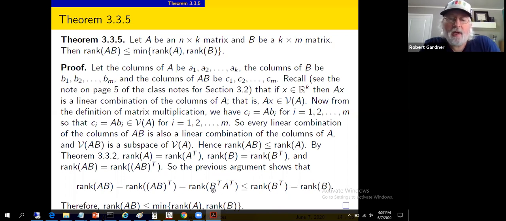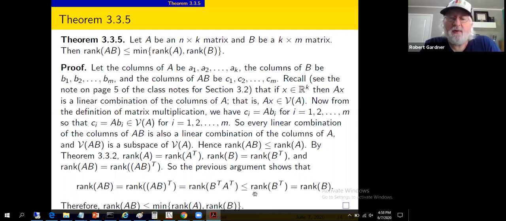Okay, we got a product here, regardless of whether it's A or B or A transpose or B transpose. We got a product of two matrices. Whenever we have that, we should get that the rank of that product is less than or equal to the rank of the first of those in that product. So using this, technically we're replacing A with B transpose and replacing B with A transpose.